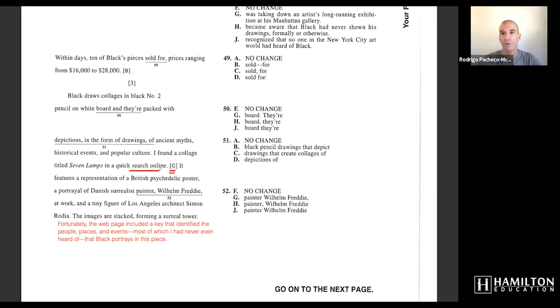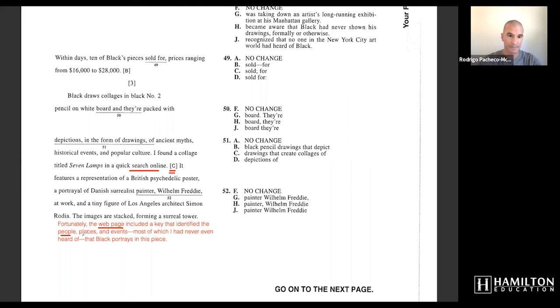Now, this is the only part of this passage that mentions an online search, anything potentially related to a web page. So following this online search, we're told, fortunately, the web page included a key that identified the people, places, and events.